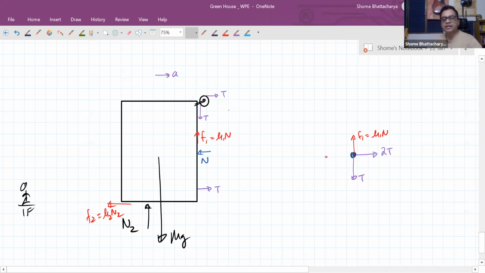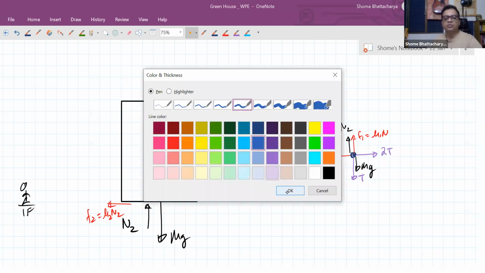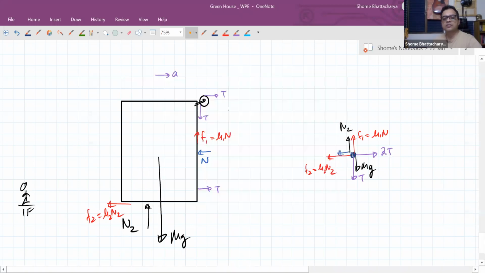There's also friction acting like this on the ground, which is mu2 N2. Okay. Then there is, of course, this one's own weight, capital Mg. The normal reaction the ground is applying, which is N2, and the normal reaction that the smaller block is applying on it, which is N. Okay. And under the action of all these forces, it has an acceleration A.